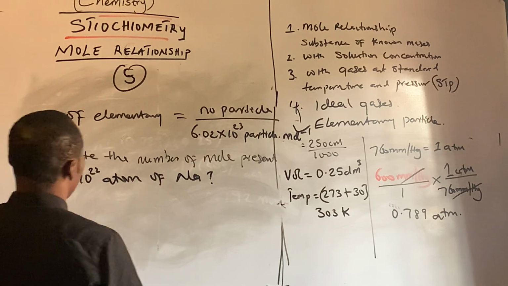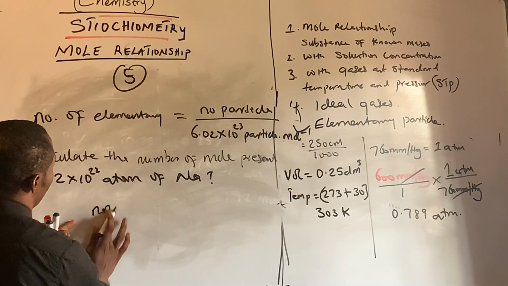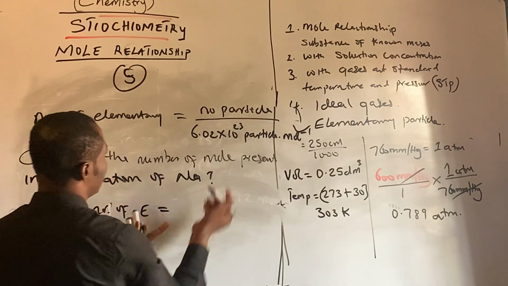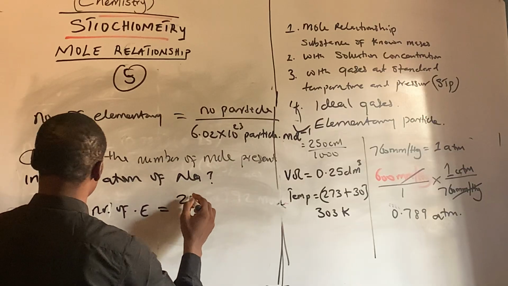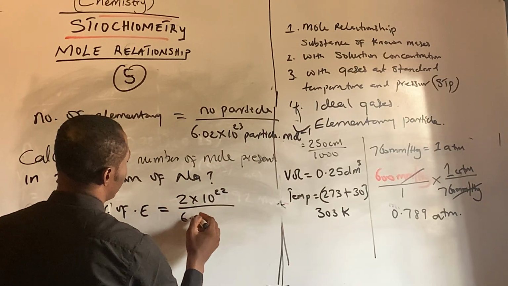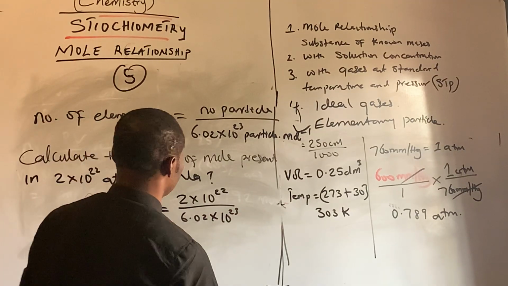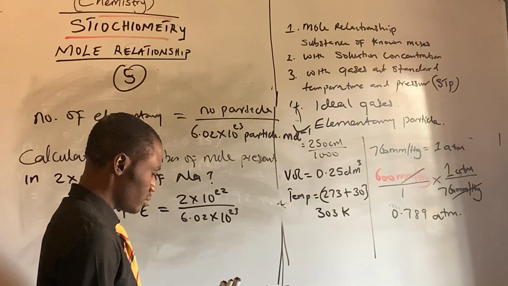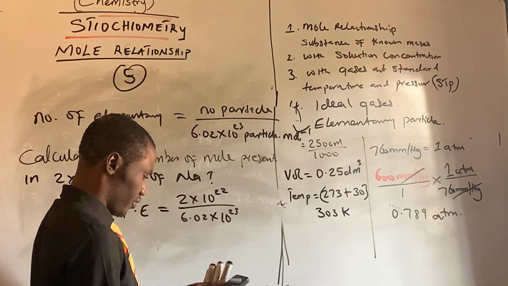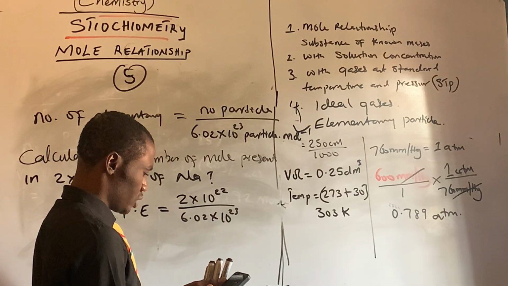So the number of particles is 2 times 10 raised to the power of 22, all divided by 6.02 times 10 raised to the power of 23.